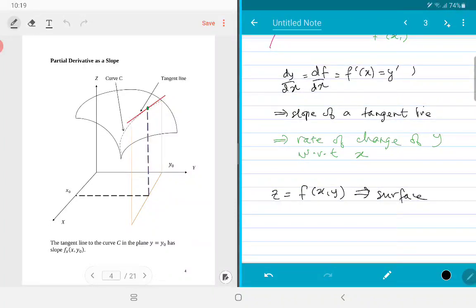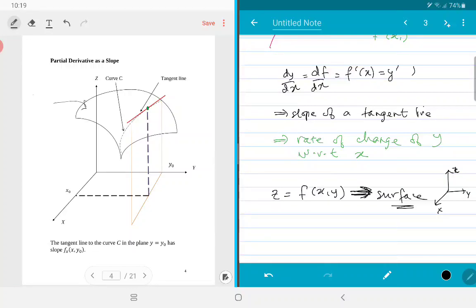So given z equals f of x, y, if you sketch this, it's going to be a surface in xyz space. Here we have the y-axis, x-axis, and z-axis. Let's say this is our surface, z equals f of x, y.